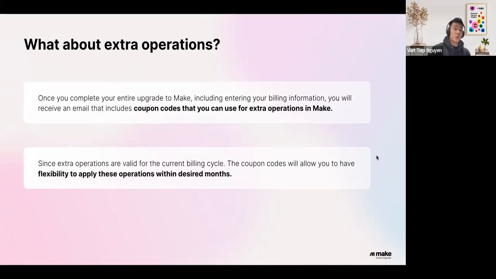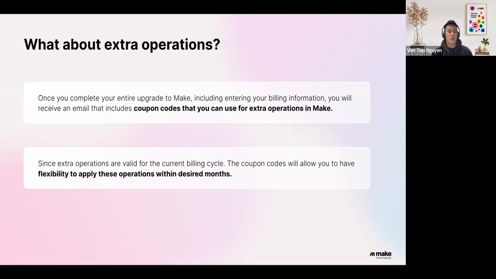There have been some questions regarding extra operations. So once you fully complete your upgrade, you will then receive coupon codes for extra operations in Make that you can use. A new thing that came up with Make is that extra operations are only valid for the current billing cycle.